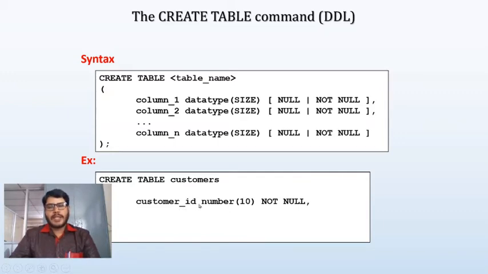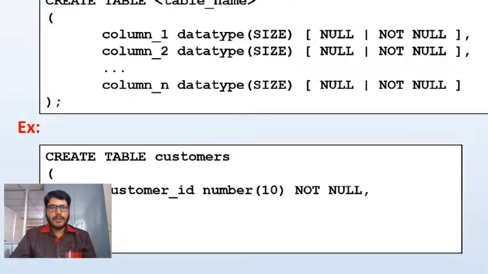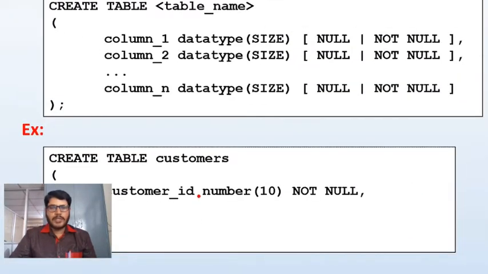And after this, I'm going to specify white space in between. As you can see here, I'm going to specify white space here. And after this, I'm going to specify the number data type. And how to specify the size? Within the parenthesis, I can specify how many bytes I want to reserve.